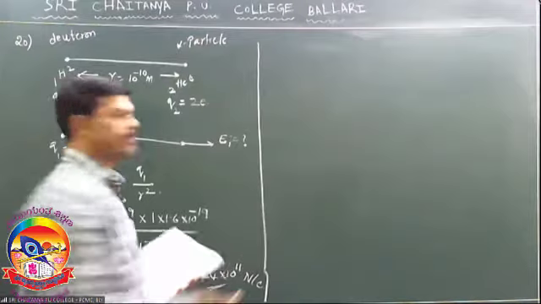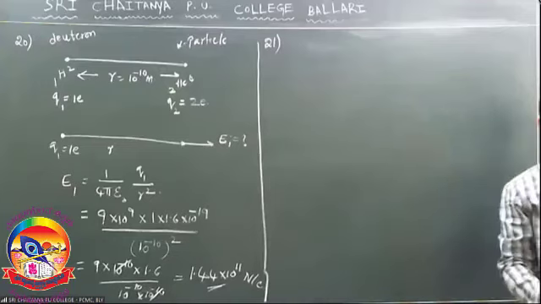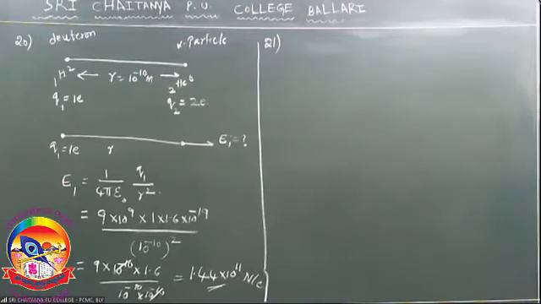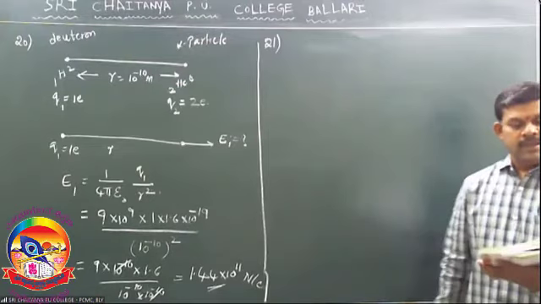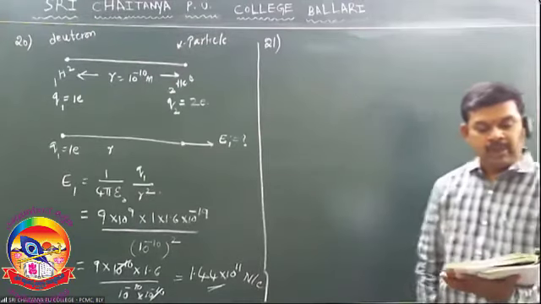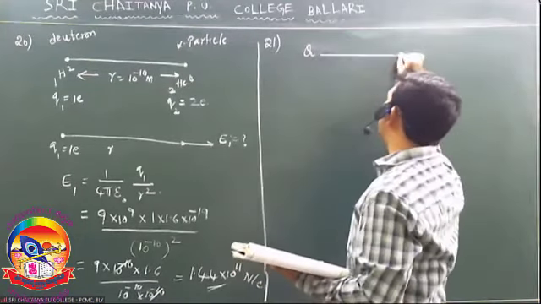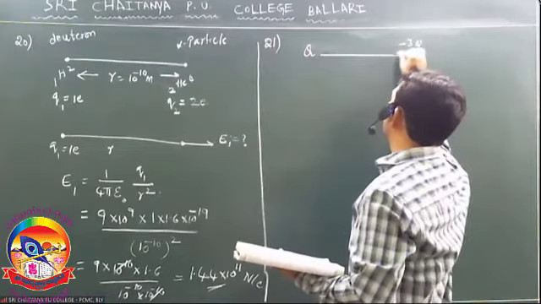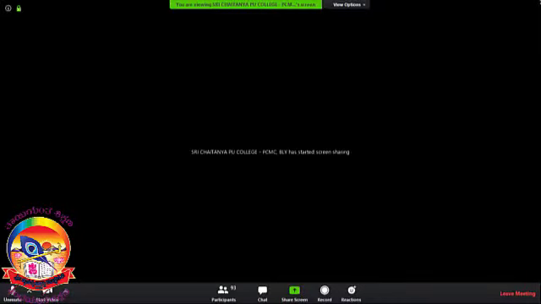Next, 21st problem. See the problem, what is given. 2 point charges Q and minus 3Q are placed at some distance apart.